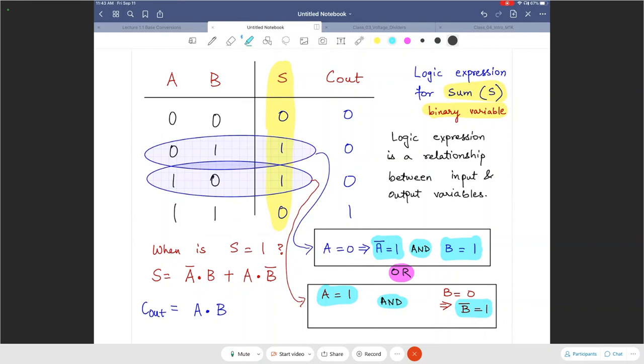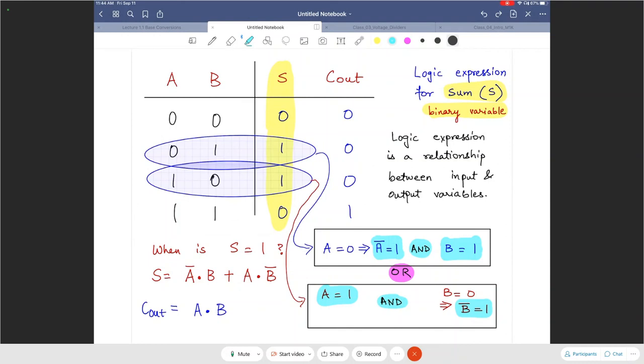We will talk more about these expressions later on in detail, because this is a sum of products, but there will also be a product of sums, where we will be focusing on the zeros in the column of S, or output.